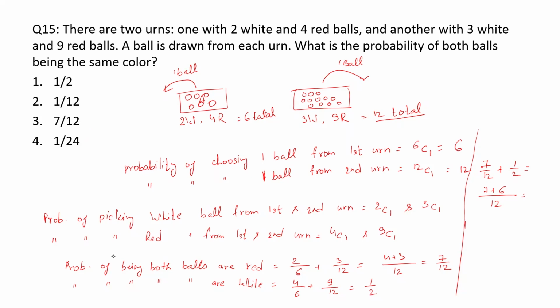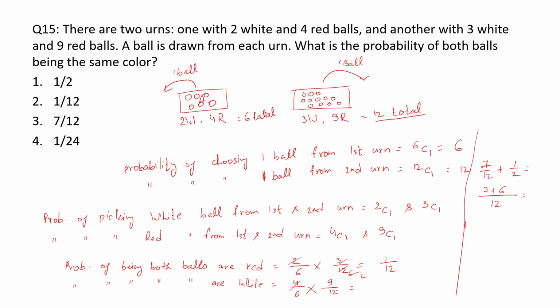Just see this one. Probability of both balls being red is this into 3 by 12. So this has to be multiplication, because we are talking about the ball from the first urn and the ball from the second urn, both are red. Similarly here it has to be multiplication. So this 6 and 2, it will be 1 upon 12.